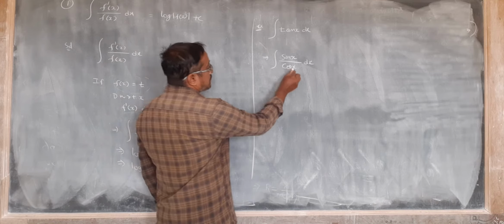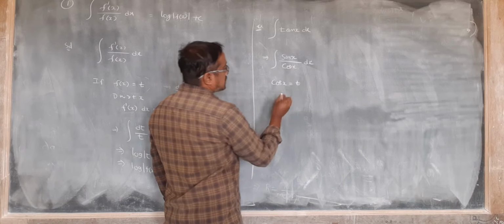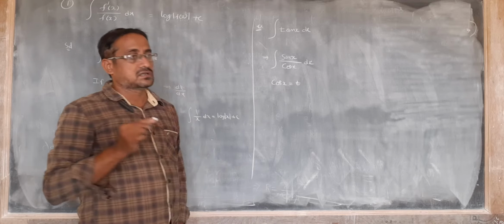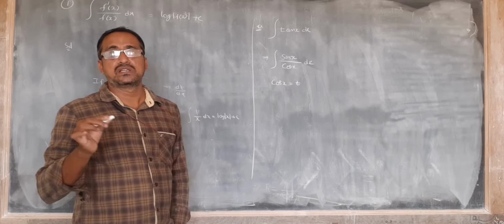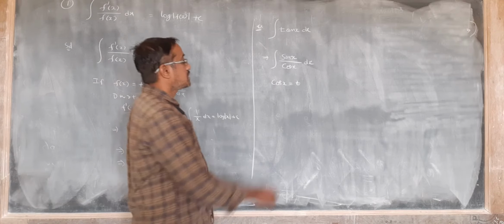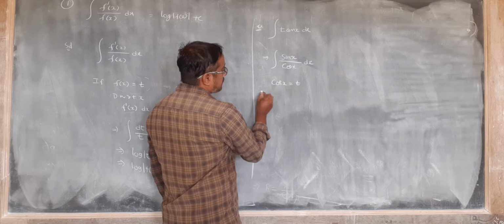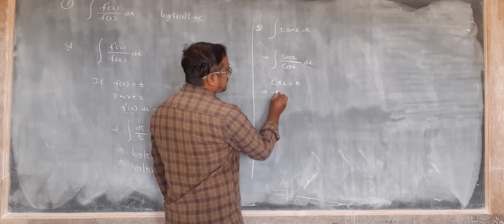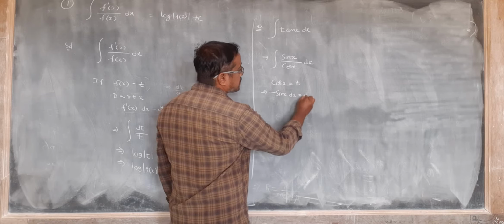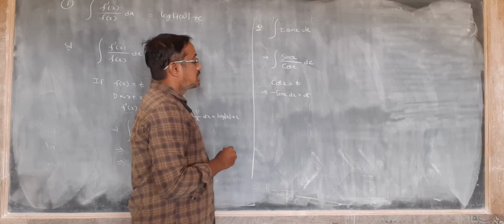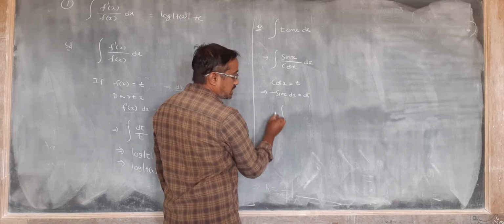Now if you consider cos x as t, this method is called substitution. Integration by using substitution. We substitute cos x as t. Now if you differentiate with respect to x, you will get minus sin x dx is equal to dt. And obviously sin x dx will be minus dt.